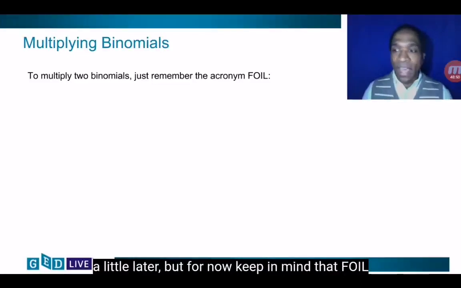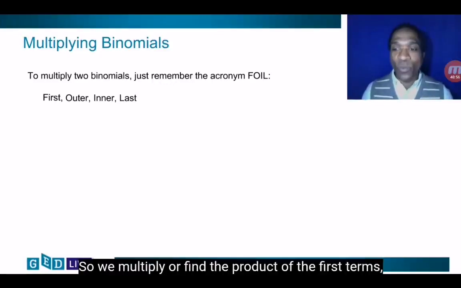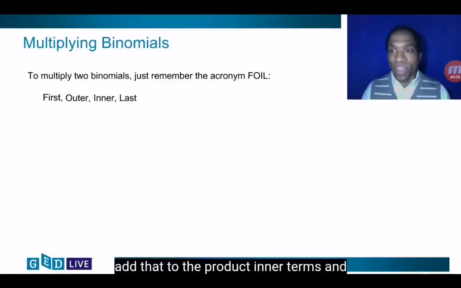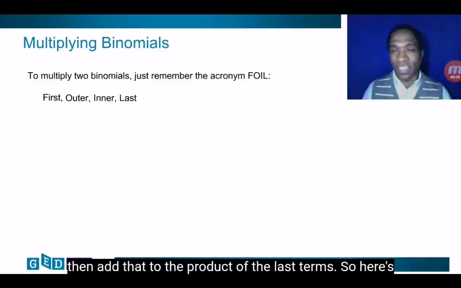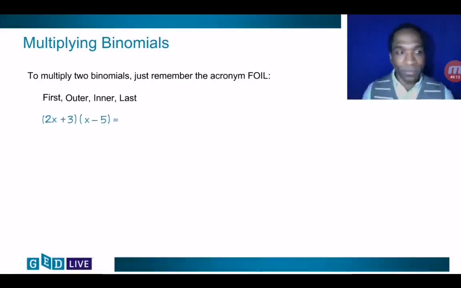But for now, keep in mind that FOIL stands for first, outer, inner, last. So we multiply or find the product of the first terms, add that to the product of the outer terms, add that to the product of the inner terms, and then add that to the product of the last terms. So here's an example of how that could play out.